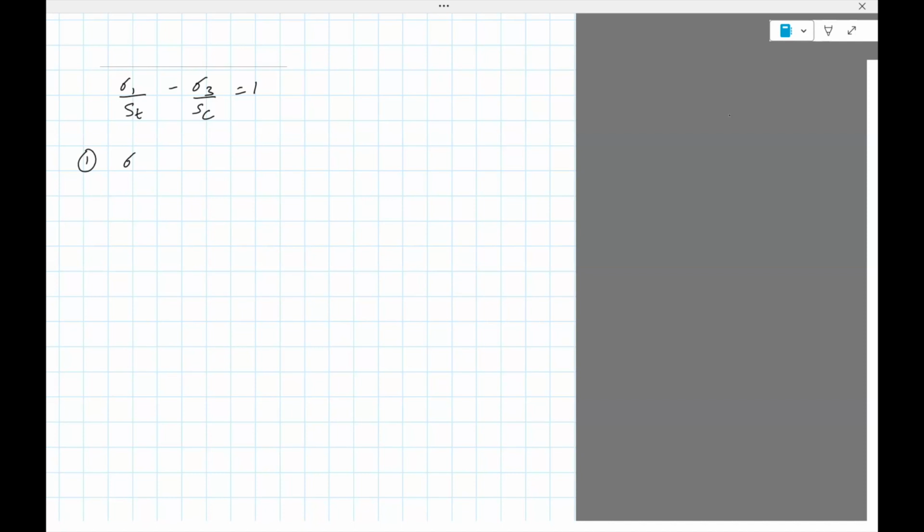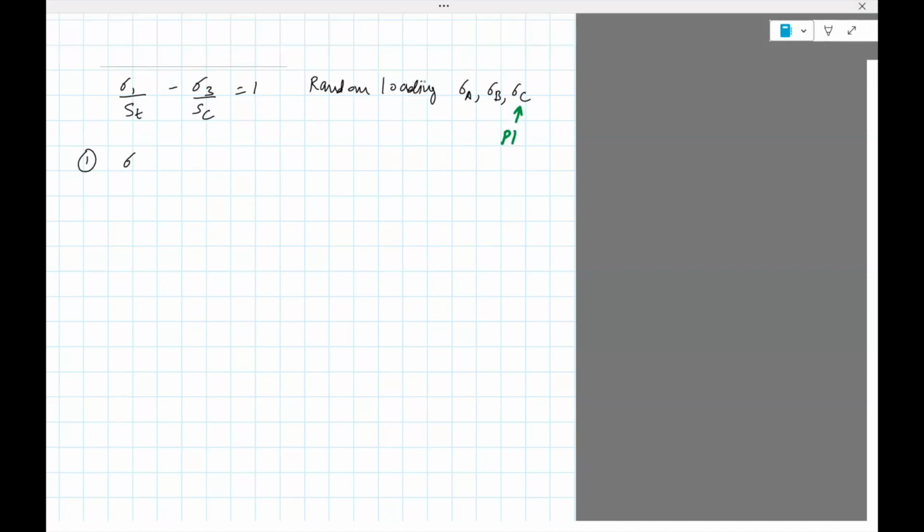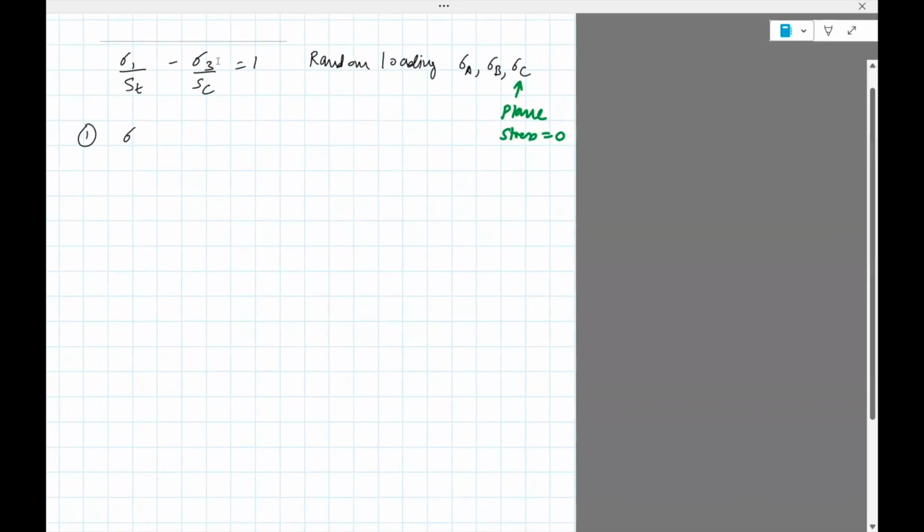We'll assume that in a random loading condition, we have already computed the principal stresses, and they are sigma A, sigma B, sigma C. In particular, if you have plane stress, the third stress would be 0, right? So that's for plane stress, and we'll look pretty much at plane stress problems here.